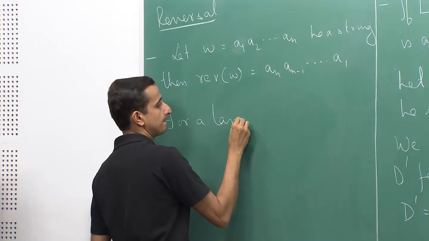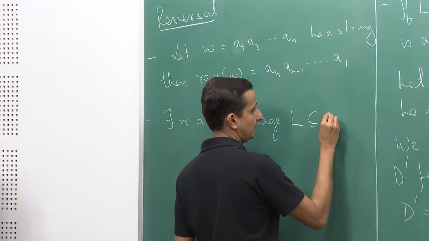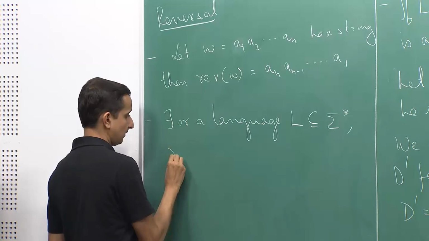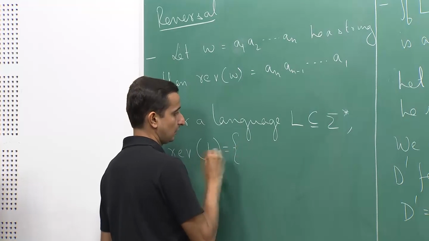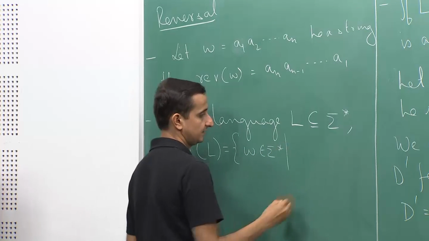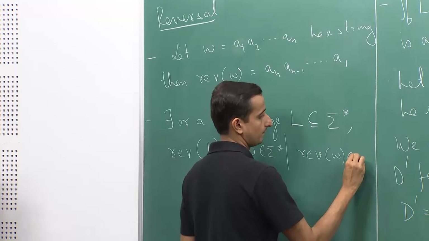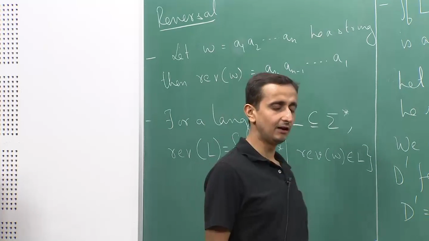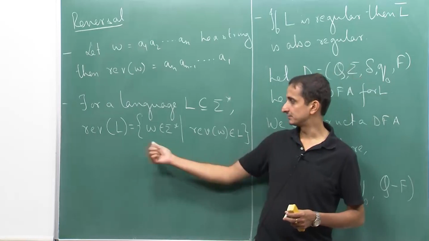For a language L subset of sigma star, reverse of L is the set of all strings W in sigma star such that reverse of W was in L. So, I look at all strings that are there in L, I reverse them, and the language that I get as a result is reverse of L.